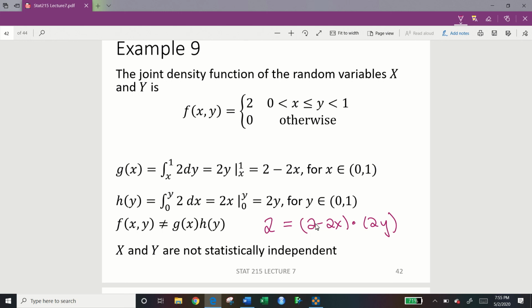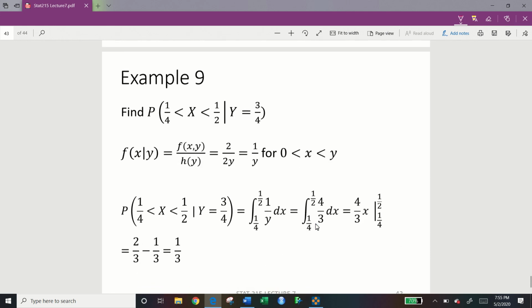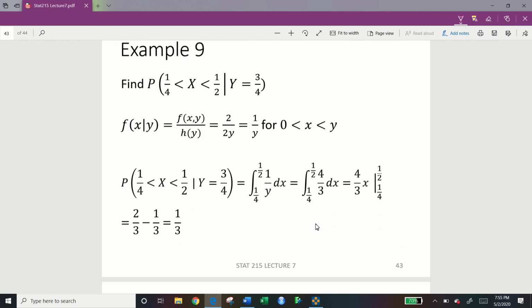Therefore, x and y are not statistically independent. But just for fun, let's find the probability of 1/4 less than x less than 1/2 given y equals 3/4. Because it never hurts to practice.